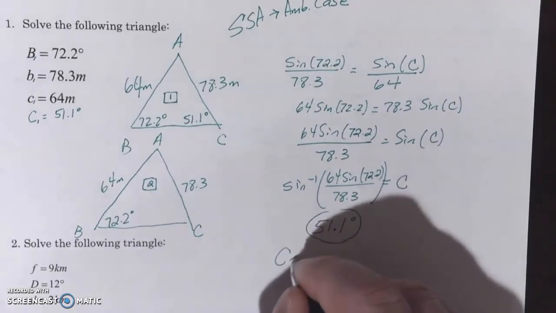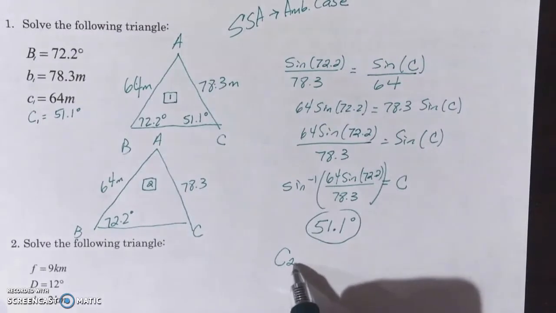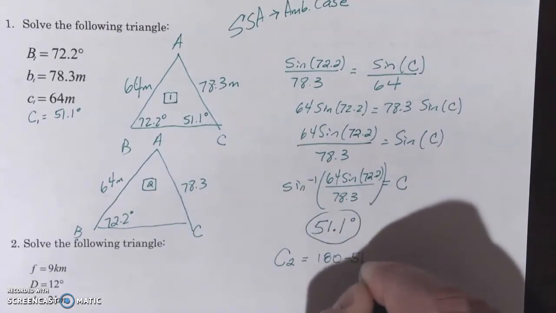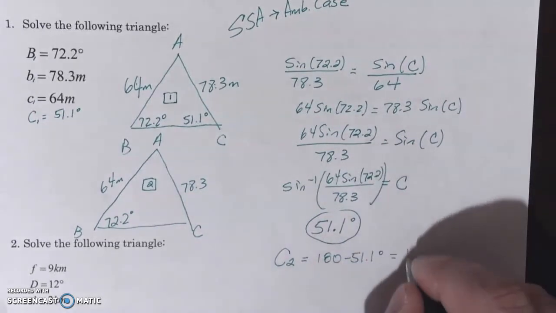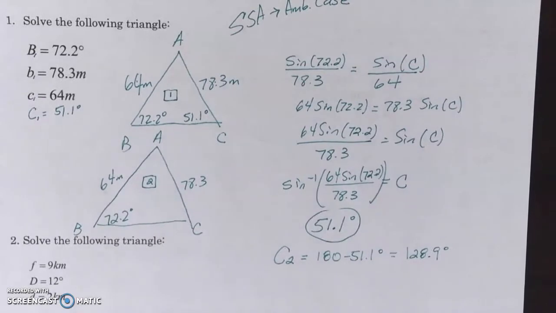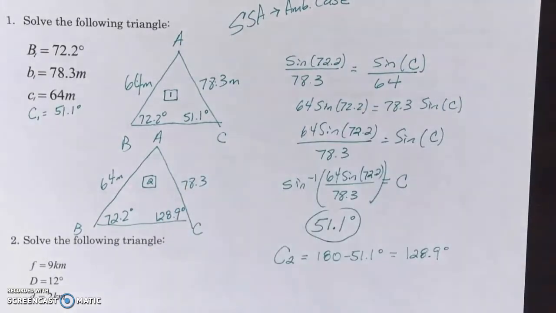So capital C, or angle C for the second triangle, I like to use a little subscript of 2 here, is going to be 180 minus 51.1 degrees. If this second triangle is possible, it would be 128.9 degrees.